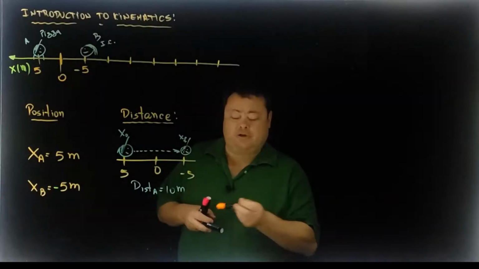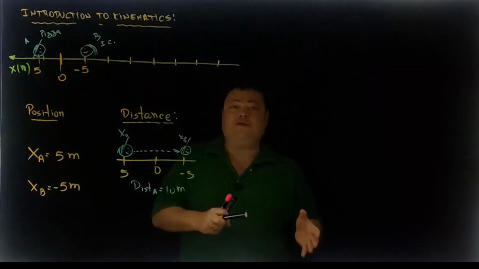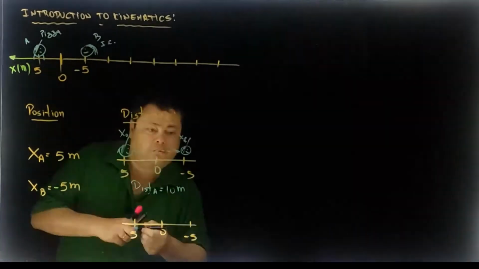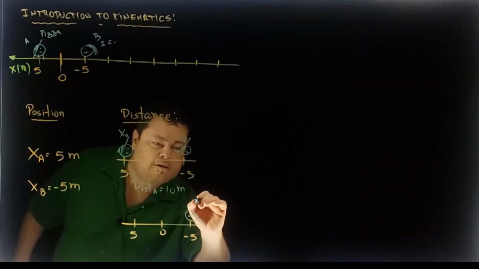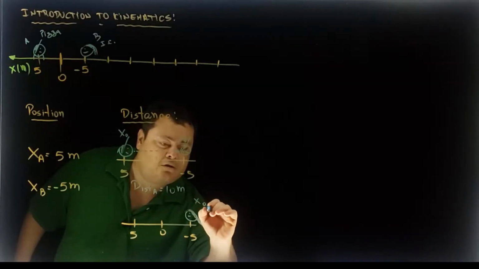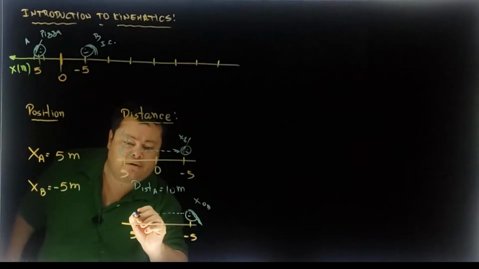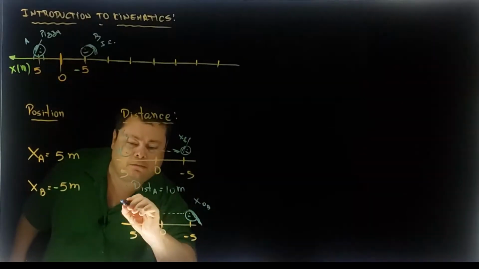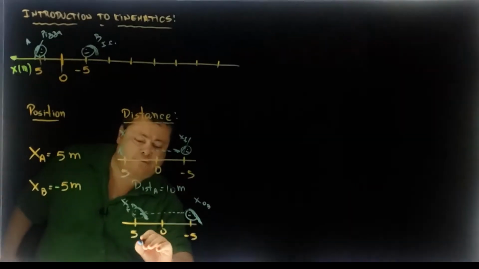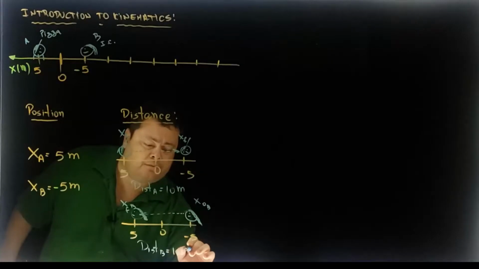But let's say that actually he was more persuasive and he convinces her to go from the ice cream to the pizza place. This is her initial position, x naught of B, and she'll be traveling to this point here, x final B. And the distance she'll travel is also going to be 10 meters.